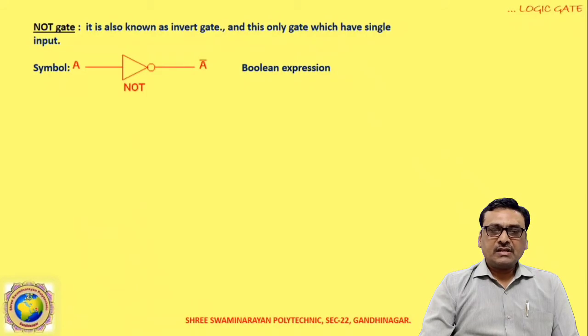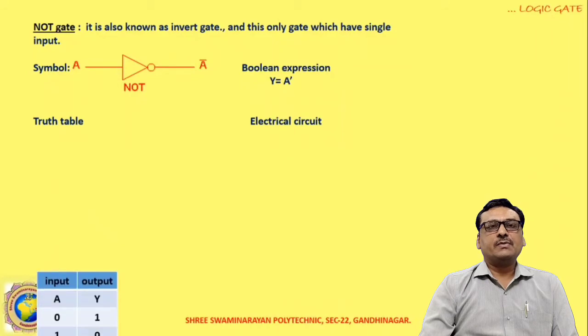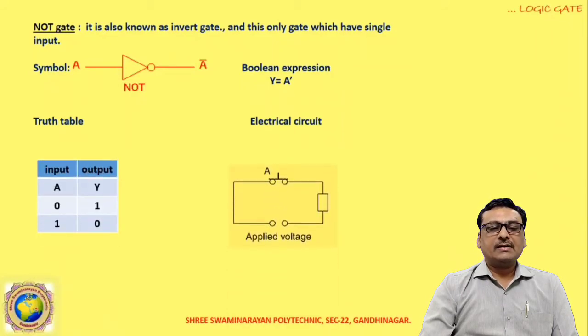Its truth table has a single input, which means 2 raised to 1, so 2 possibilities. Here the input is A, and the 2 possibilities are 0 and 1. It just inverts the input. If the input is 0, it is converted into 1, and if it is 1, it is converted into 0, as shown in the truth table.